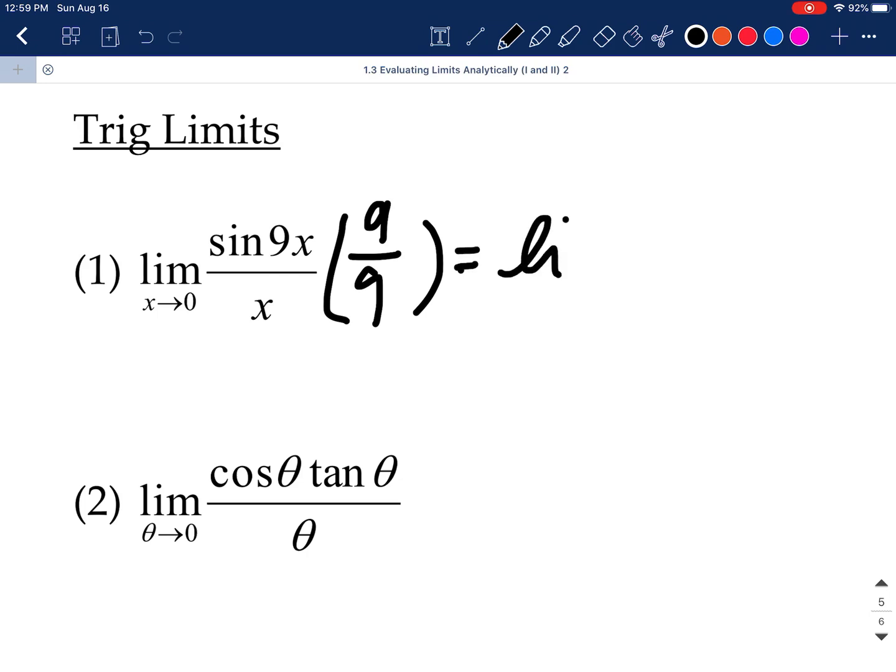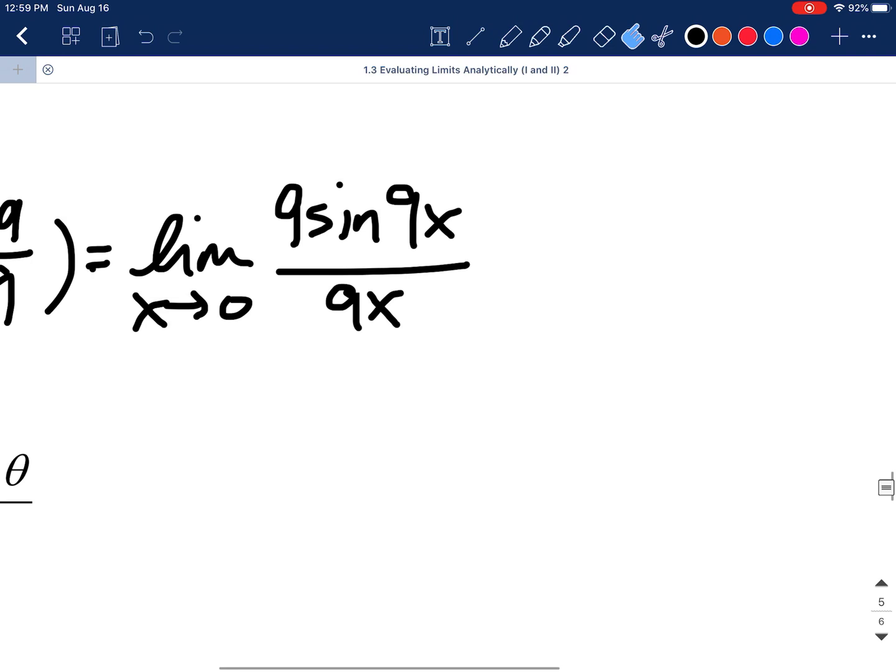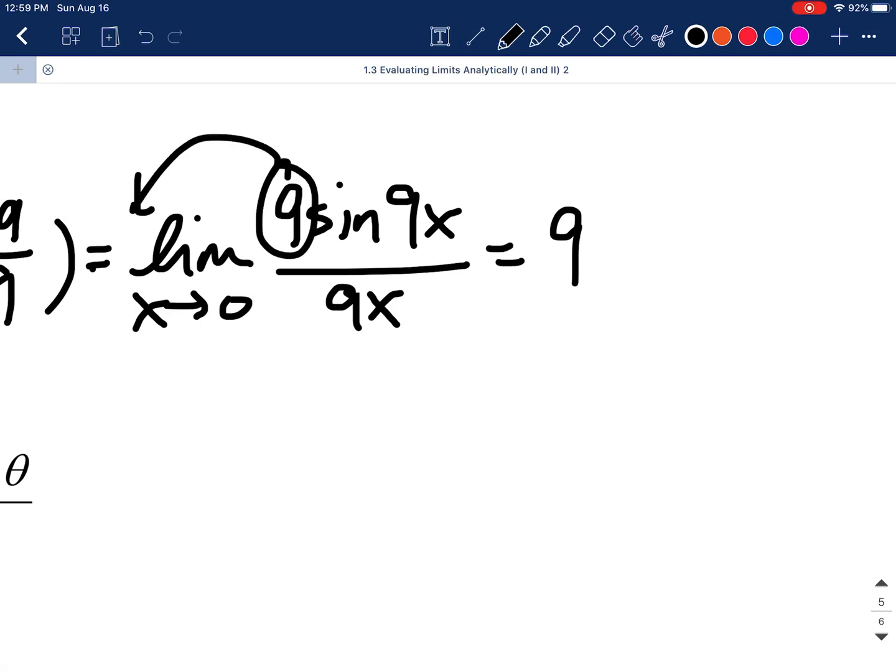So we'll get the limit as x goes to 0 of 9 sine 9x all over 9x. Okay, so then with that, we can simply factor out the 9 here, right?